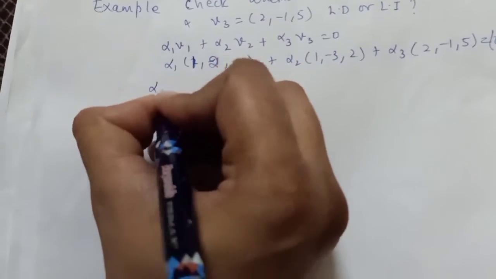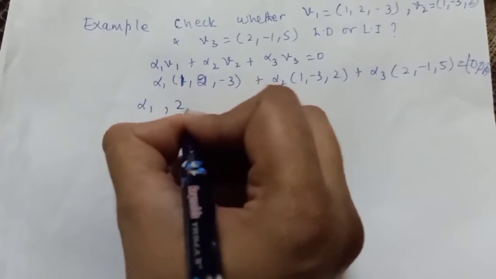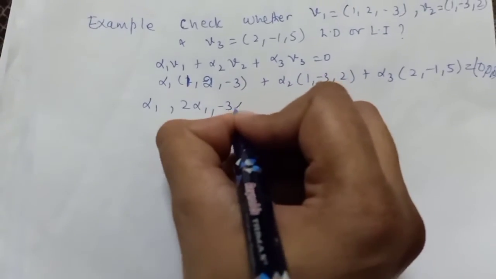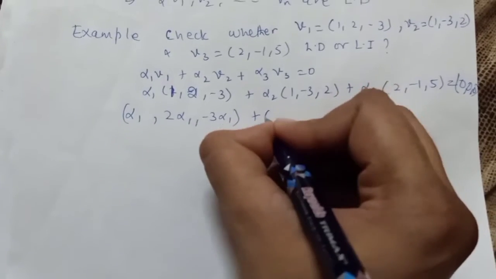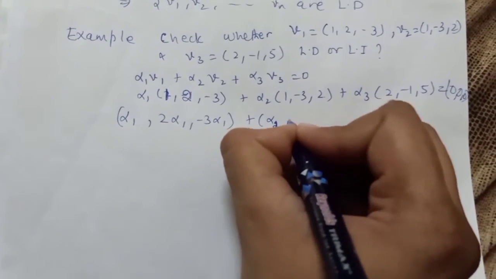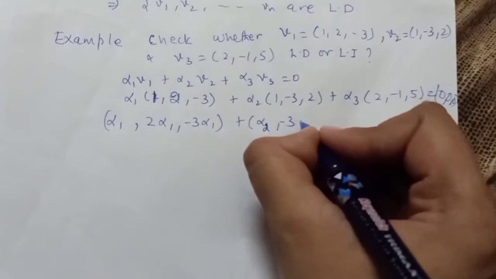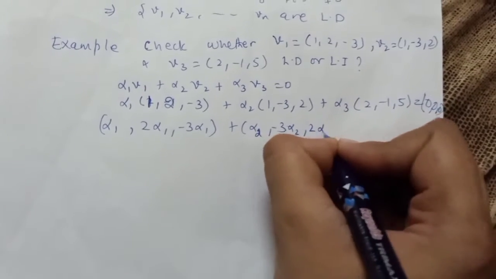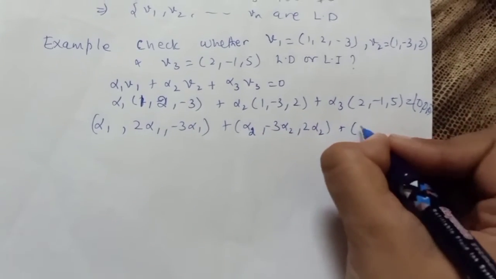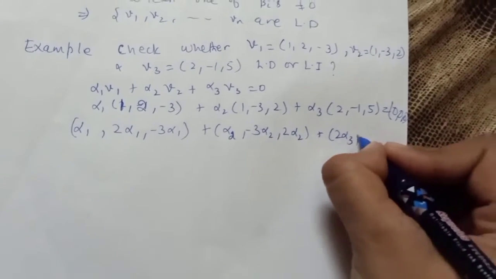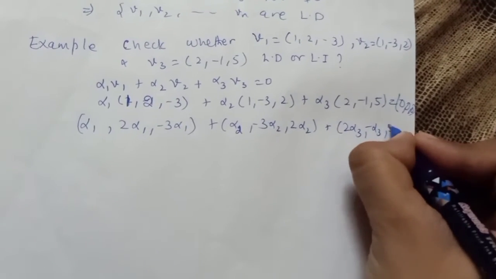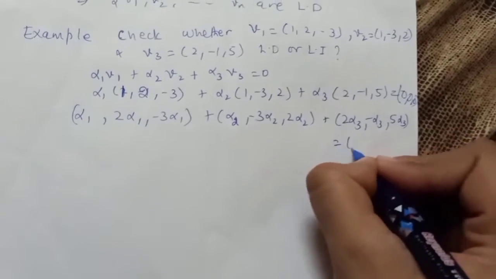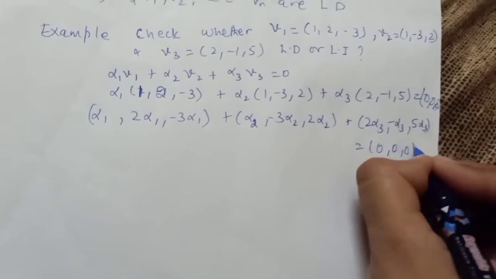This will be (alpha 1, 2 alpha 1, -3 alpha 1), right? Plus (alpha 2, -3 alpha 2, 2 alpha 2), plus (2 alpha 3, -alpha 3, 5 alpha 3) is equal to (0, 0, 0), right?